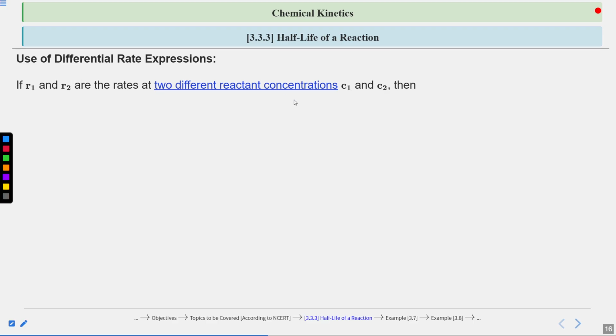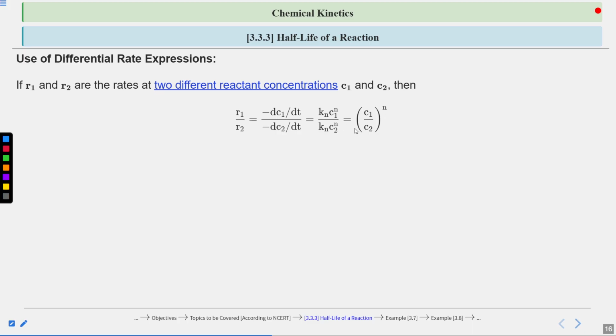Then R1 by R2 is given by minus dC1 by dt divided by minus dC2 by dt, right? So this will be equal to KnC1^n divided by KnC2^n, C representing the concentrations of the first and the second reaction.